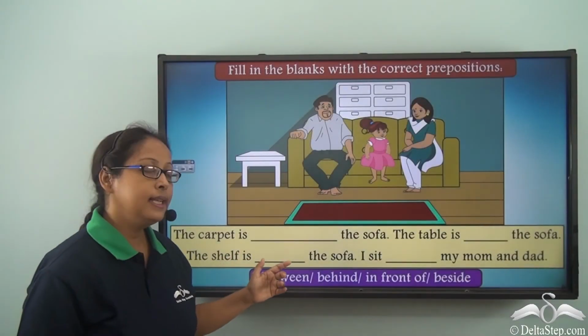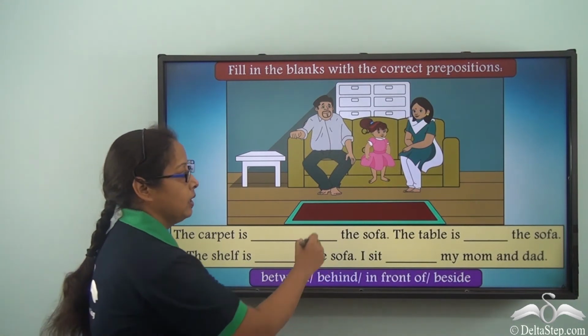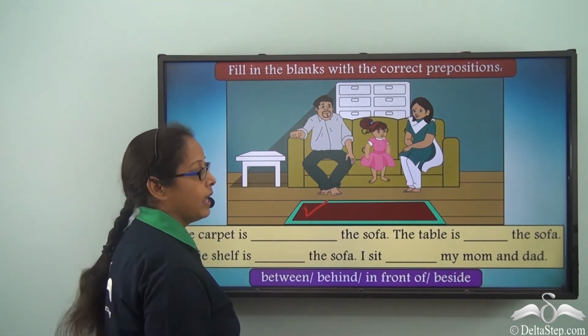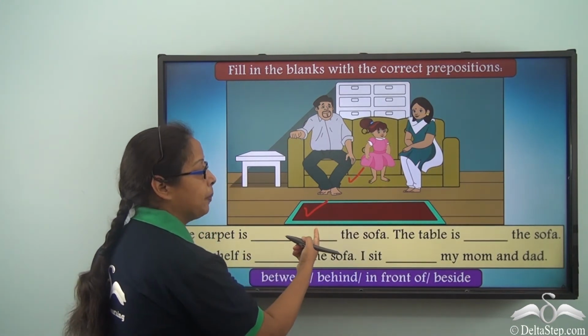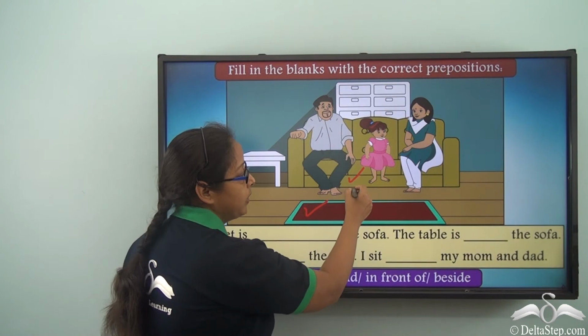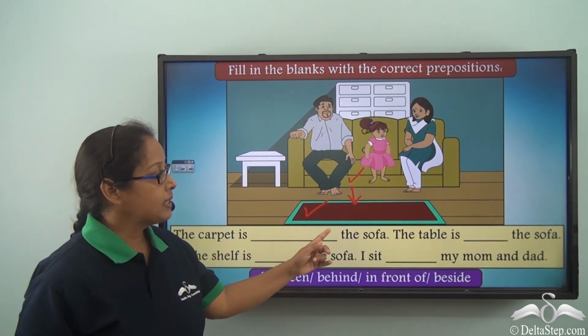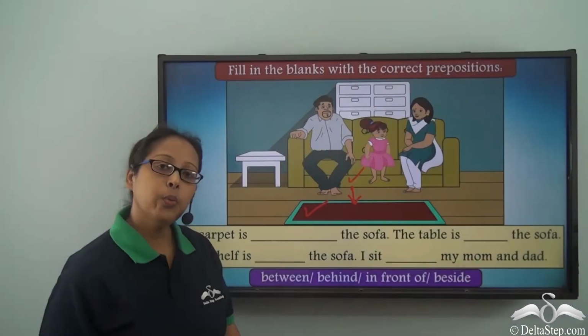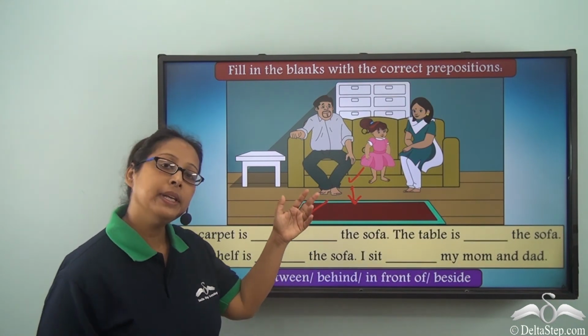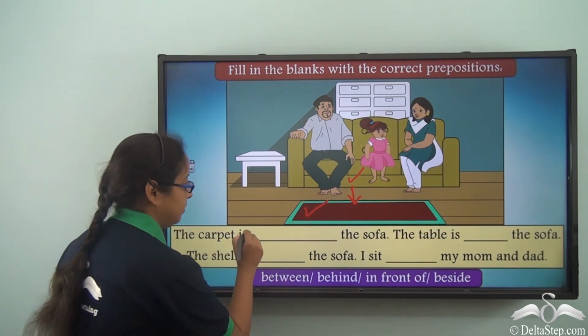The carpet is dash the sofa. This is the carpet and here is the sofa. So when we are saying the carpet is dash the sofa, we can see that the carpet is just before the sofa. So we can say that the carpet is in front of the sofa.